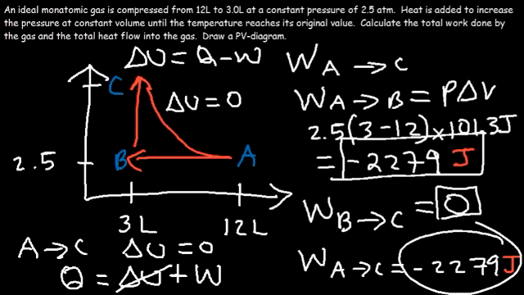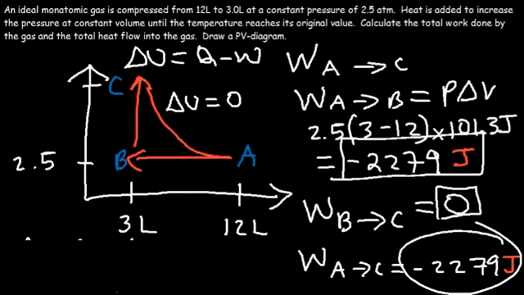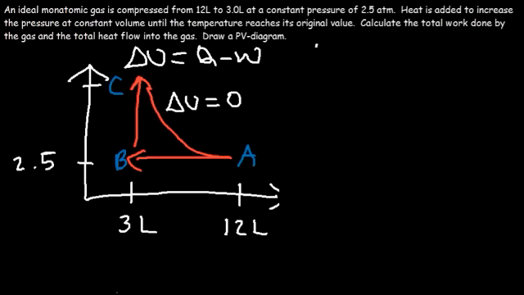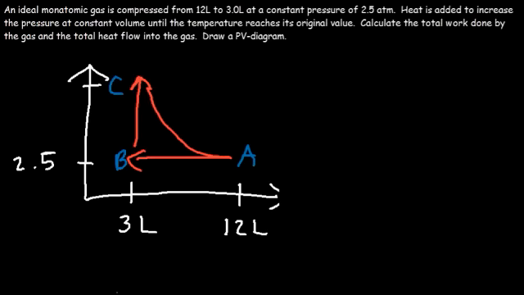Now let's see if there's another way we can get the same answer by calculating Q through the individual paths. So we need to get negative 2279 using this other method. First, let's assign the temperature value to point A. Let's say the temperature is 1000 Kelvin.